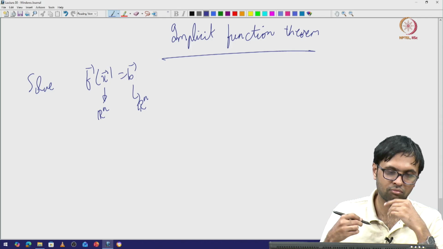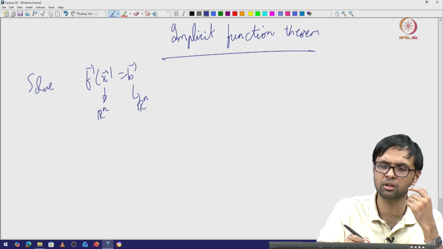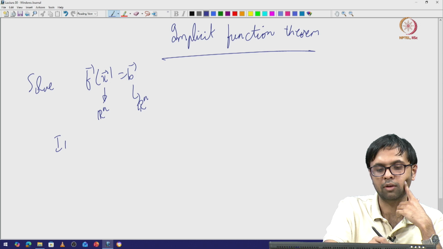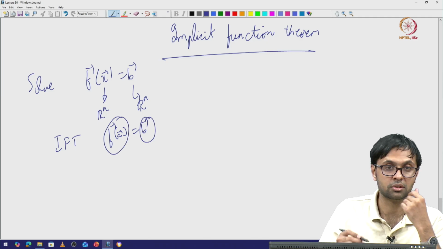But that is not always the case. The inverse function theorem will tell you that if you already have a solution, and if you perturb this a bit, then you will continue to have solutions.